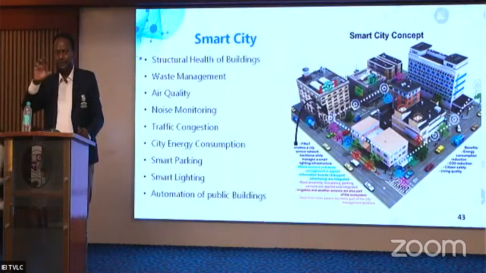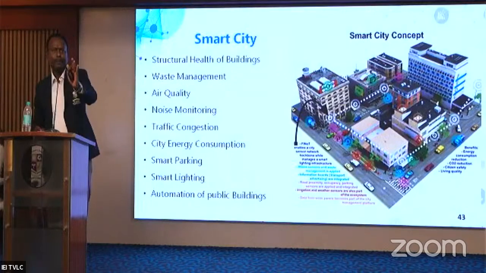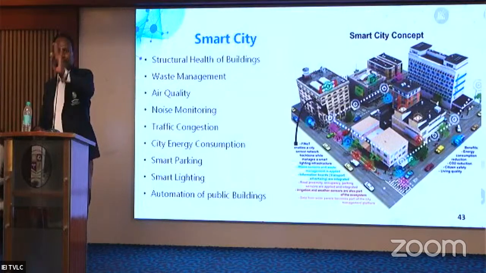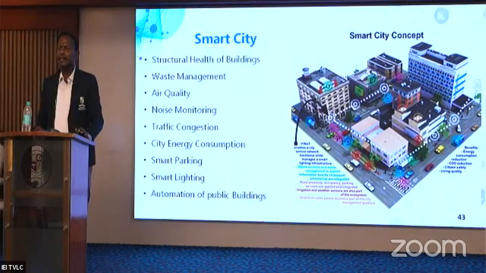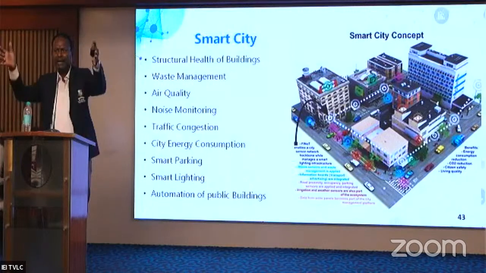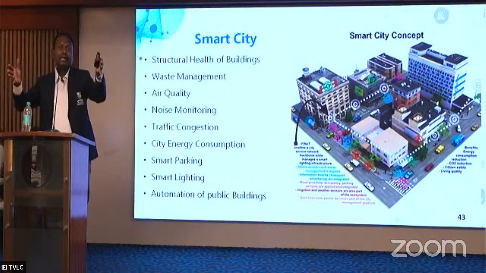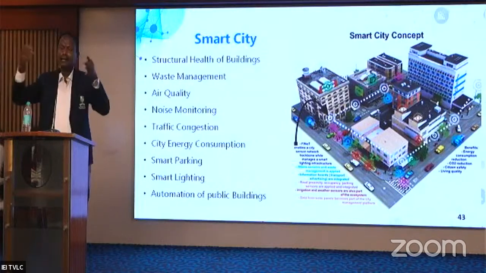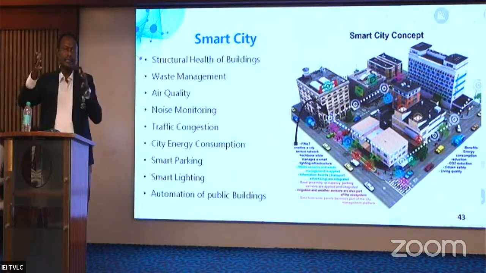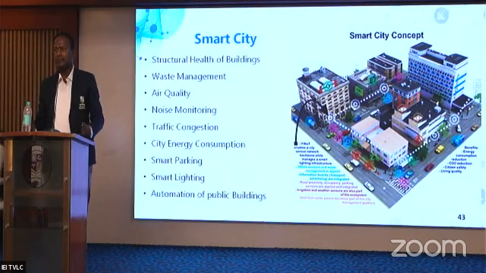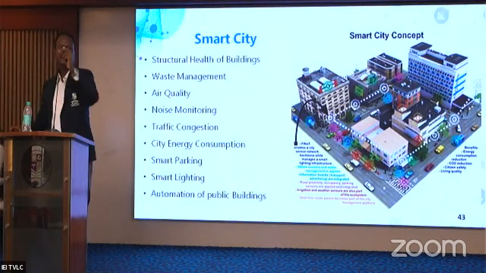If IoT devices are properly installed across the entire city, they can find out where exactly the traffic is generated, where exactly the traffic is moving, and what the real situation is, whether it is rainy or an auspicious day.